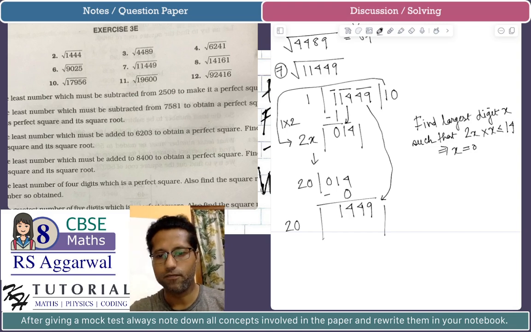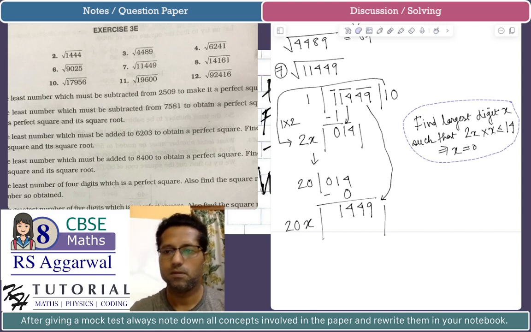Now we have to again find x over here, so I will copy paste this thing, duplicate.